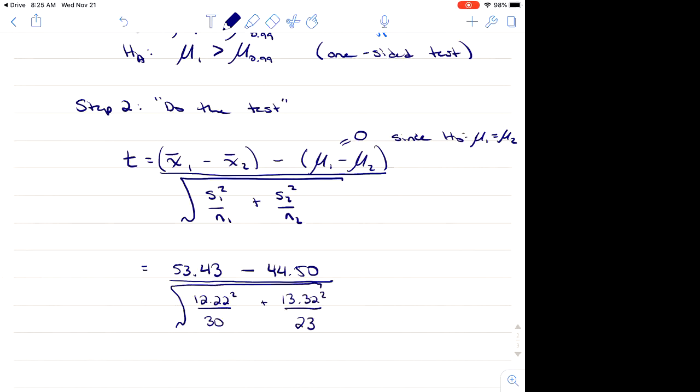You want to make sure that you don't forget to square these values under there, but also don't forget the square root in the end.